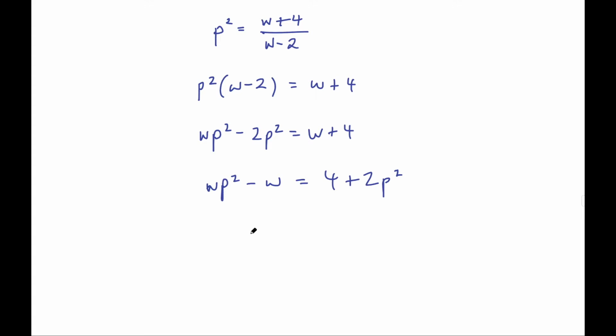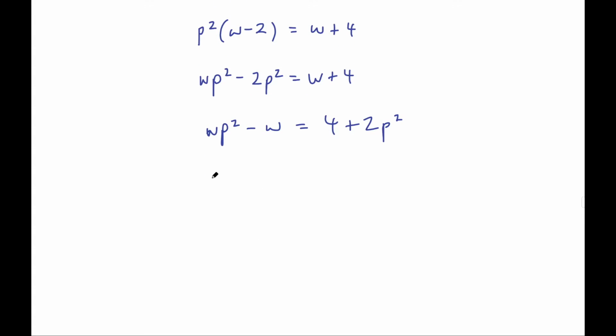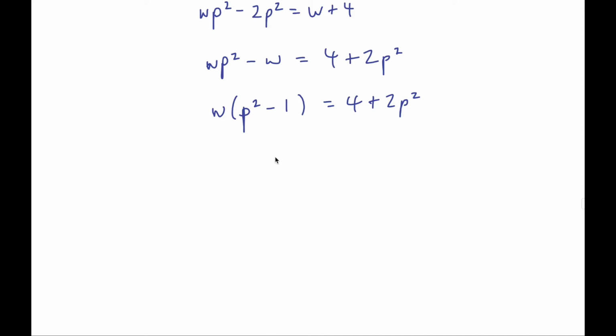Okay, once you've got them all together like that, factorize out the W from both terms here. And that's how we're going to isolate that W. So factorize the W, in the brackets we'll have P squared take 1 equals 4 plus 2P squared. And now divide by that P squared take 1, and we'll have W all by itself on the left.